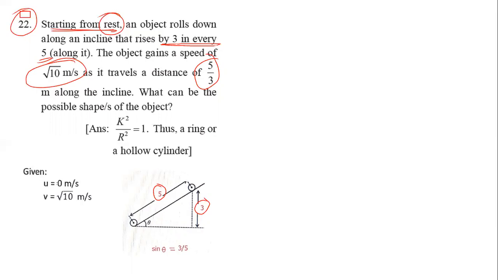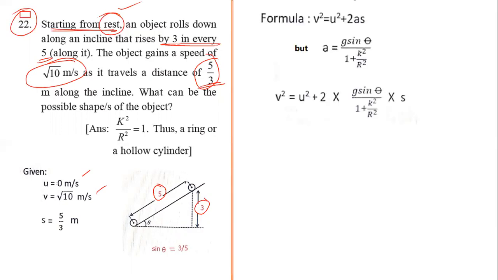Now here given, initially the object is starting from rest, so initial velocity is 0. This is the final velocity, root 10 meter per second. Displacement is this 5 by 3 meter. Now we can use the kinematical equation here. By the kinematical equation, v square is equal to u square plus 2as. But in this formula, the acceleration is the rolling acceleration.